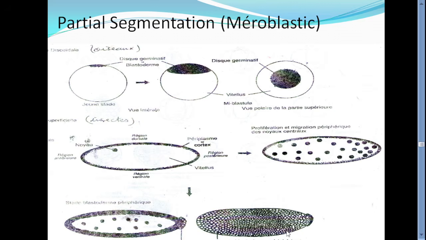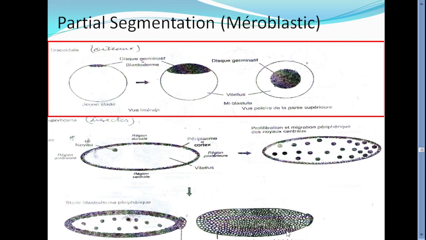After that, from the partial segmentation or meroblastic segmentation, in this case it can be discoidal, like a disc. It's the case of bird egg. As a disc, we call it discoidal, and at the final step we obtain the germinative disc.